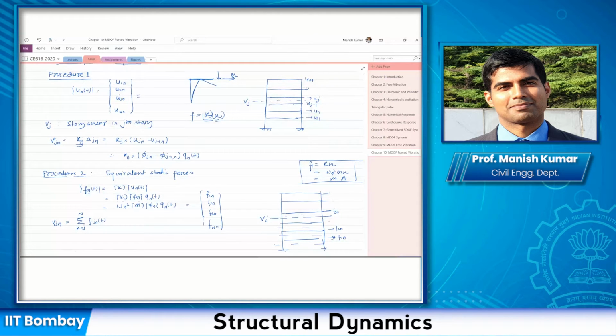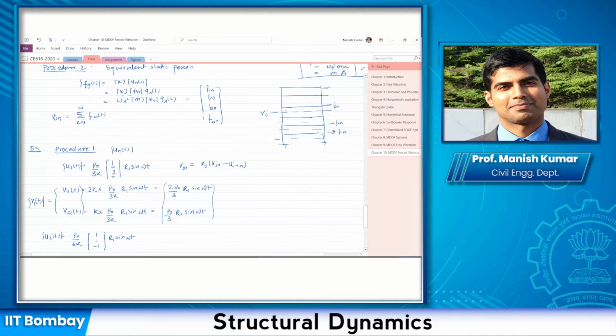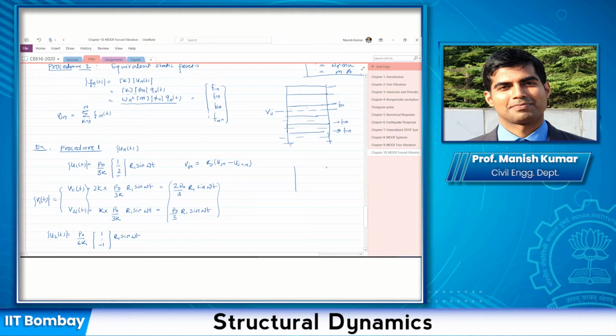In the second case, we are not using displacement or deformation in the structure at all, although we use it to derive the initial formula. We are going to apply equivalent static forces. For the same case, if a force is applied like this, can we not directly say that the shear force here would be whatever the force here is?